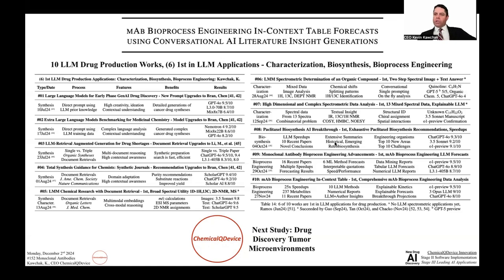Now, number 9, which is the last one, is monoclonal antibody bioprocess engineering advancements. This is basically using tables too, and 16 recent papers, multiple speed ups, forecasting, kind of creating an official way to have a human versus AI in these types of tasks, because I can read and I can write and I can time myself just like I can time it.